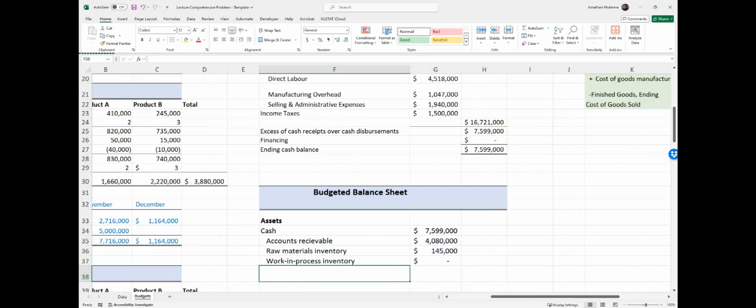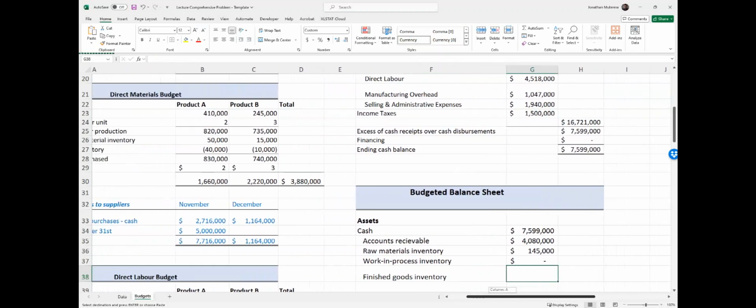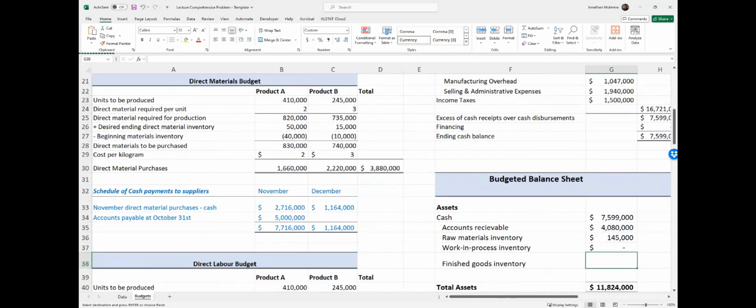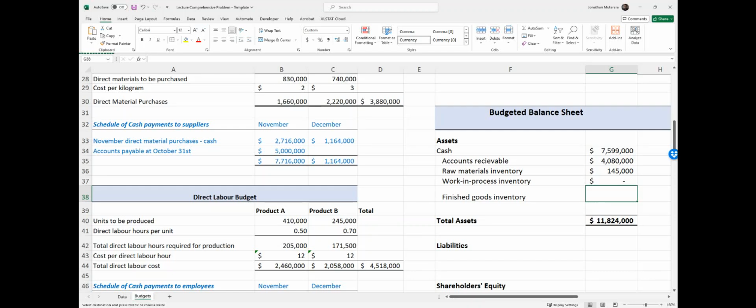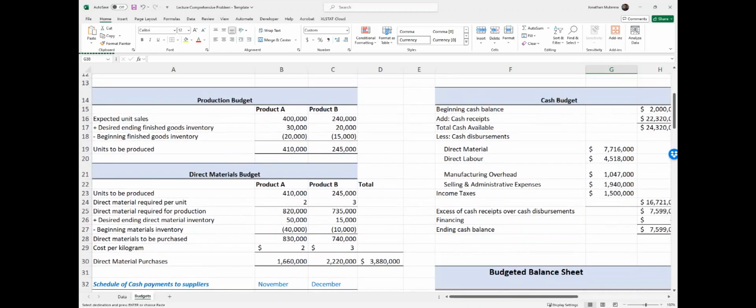And then the other inventory account is going to be your finished goods inventory. Again, we did the work over here, but you can see that you can simply do this with finished goods. This is your finished goods inventory, right? 20,000 and 15,000.